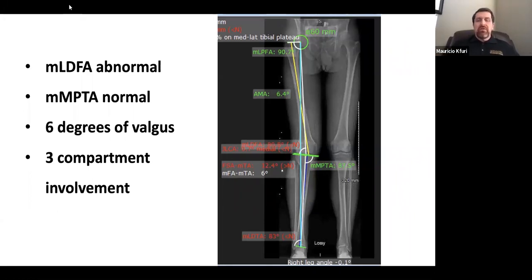Thanks. I would say it's a tricompartmental pathology, as has been mentioned, with valgus alignment. There is a decrease in the lateral distal femur angle. And most of the pathology is in the lateral compartment, but now we have a medial compartment with a medial meniscus deficiency.